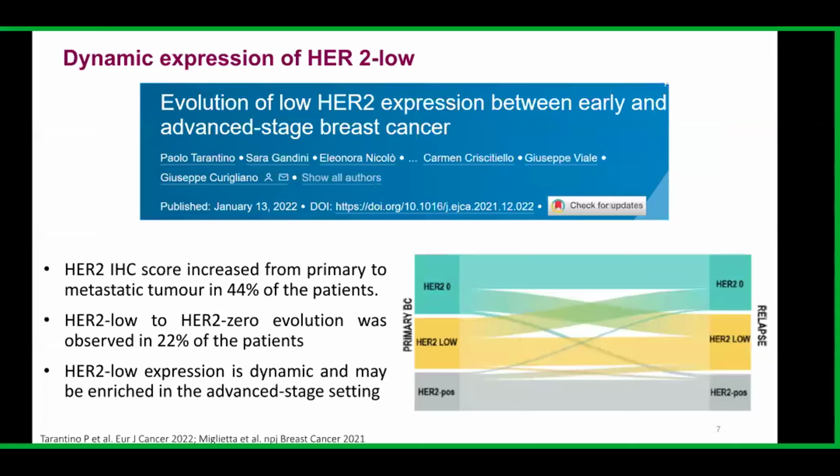So why is it important to do a rebiopsy? Even Suresh sir clearly mentioned this is a very dynamic marker. HER2 is very dynamic, especially when it's a HER2 low disease. It can transform to any form. It can become negative or it can become positive, which will definitely lead us to take the treatment decisions.